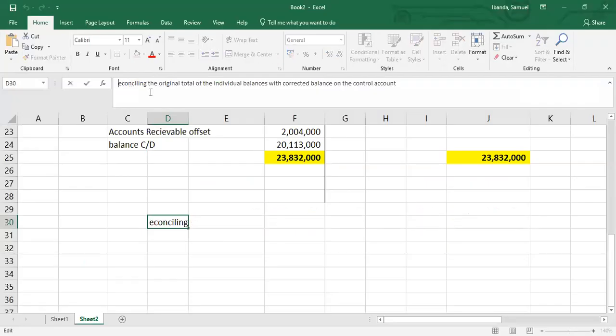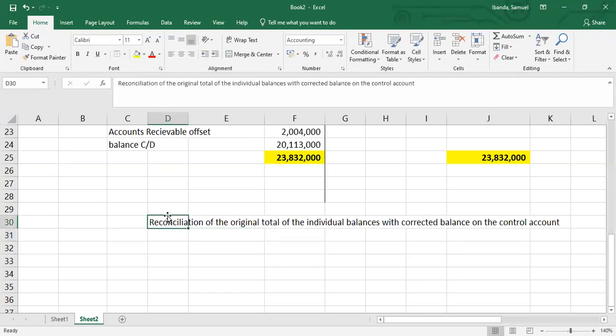So I call this a reconciliation of the original total individual balances with the corrected. So that is just my total, okay? So what I'll just do is balances extracted, okay?